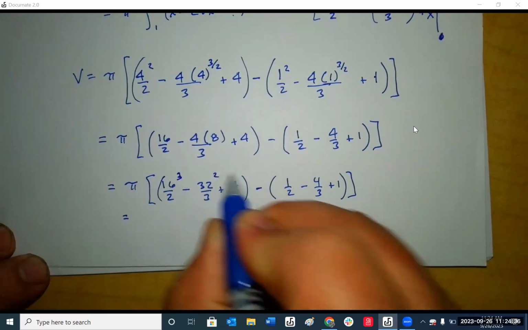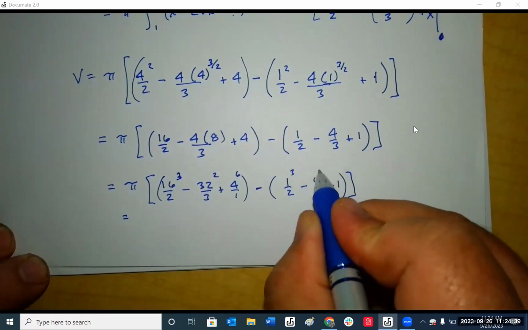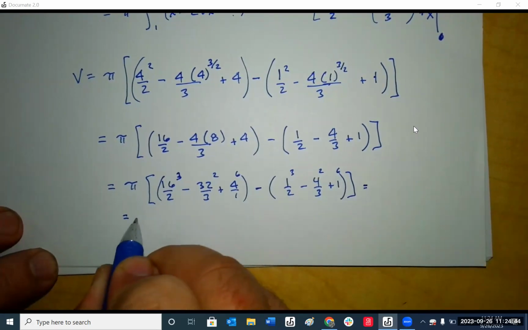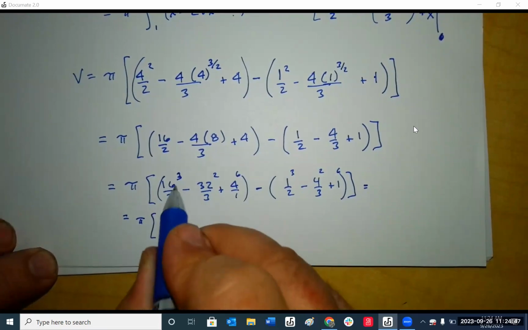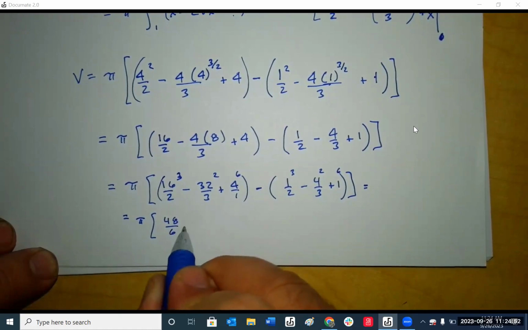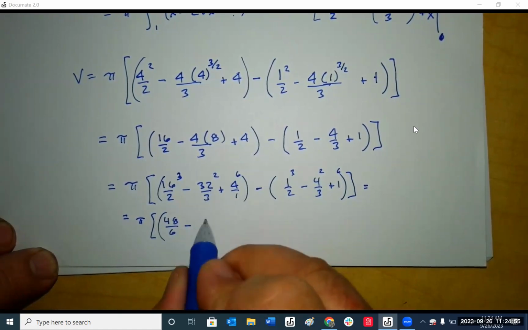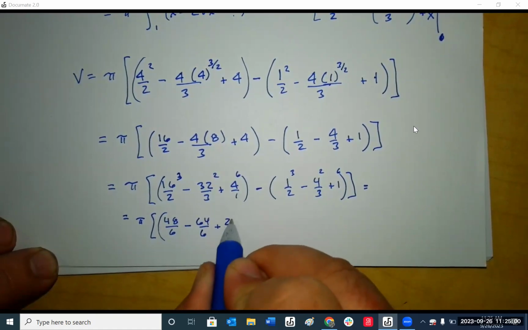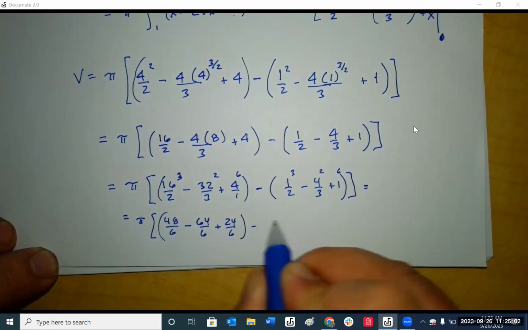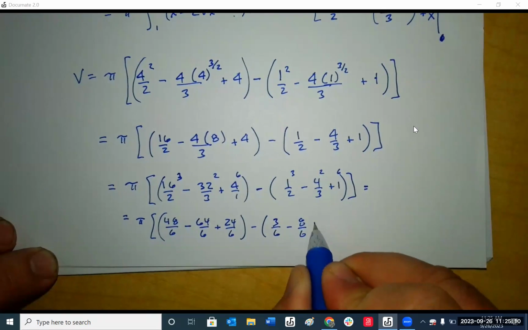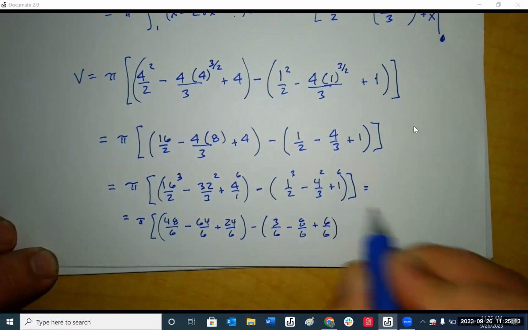So multiply by 3, by 2, by 6, by 3, by 2, by 6. Sixteen times 3 is 48 over 6, 64 over 6, 24 over 6, 3 over 6, 8 over 6, 6 over 6.